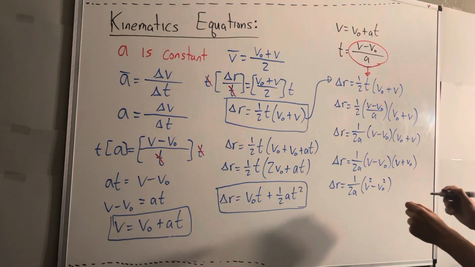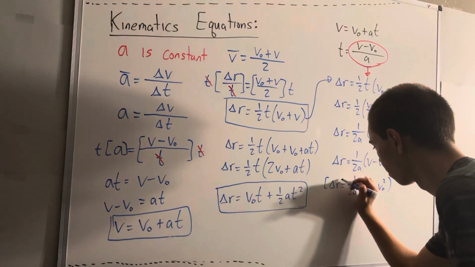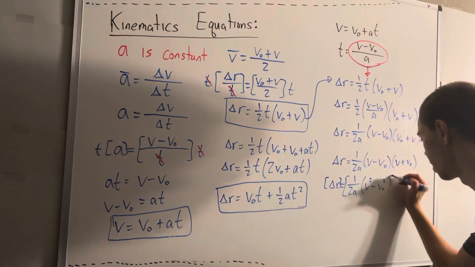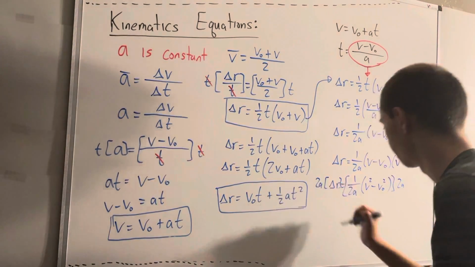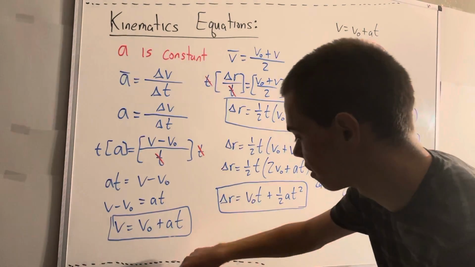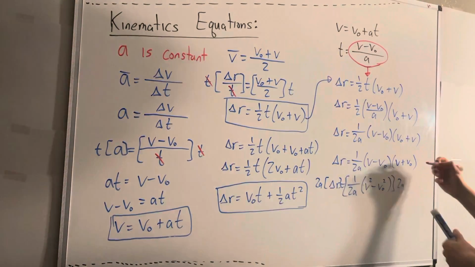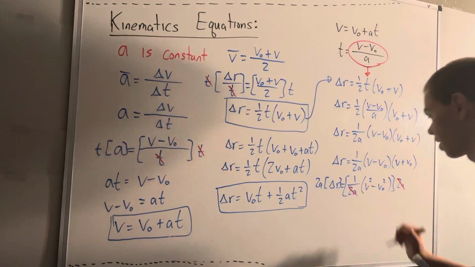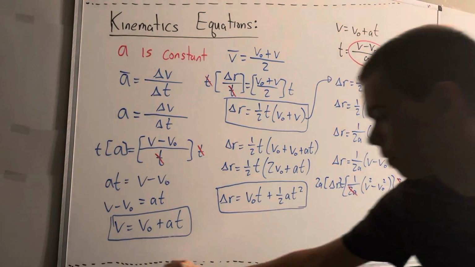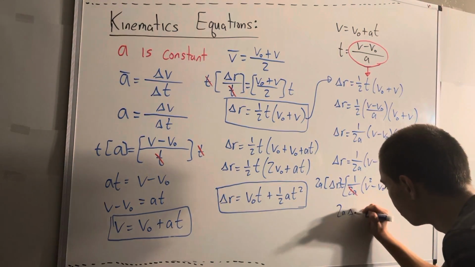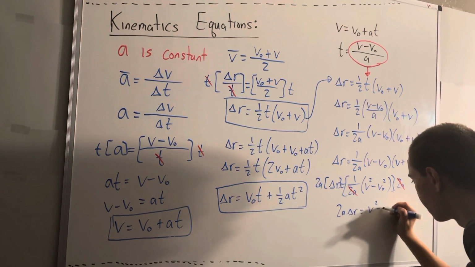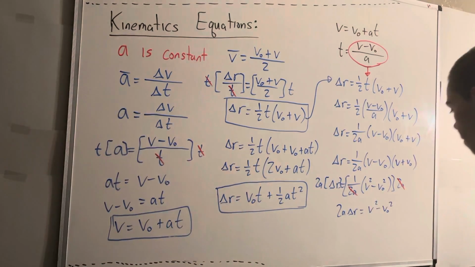All right, and next, all we got to do now is multiply 2a on both sides of the equation. And so you can notice right here, yet again, we get some things canceling out. 2a cancels out, and what we're left with is 2a delta r equals v squared minus v sub 0 squared.